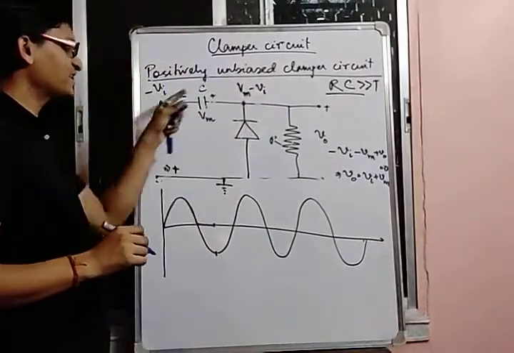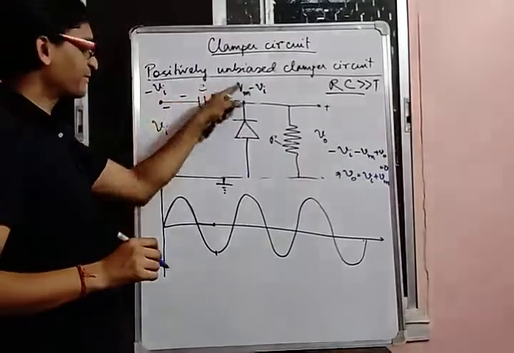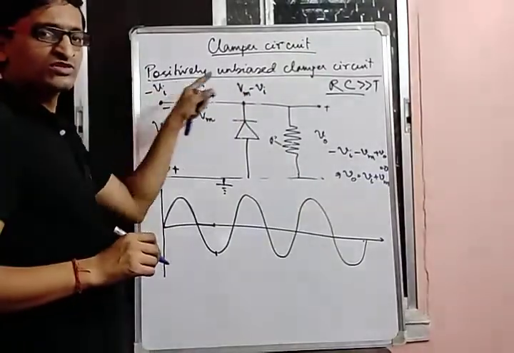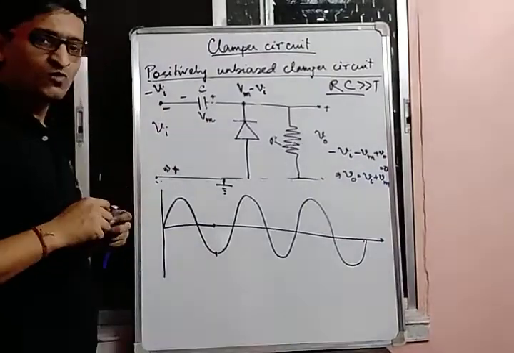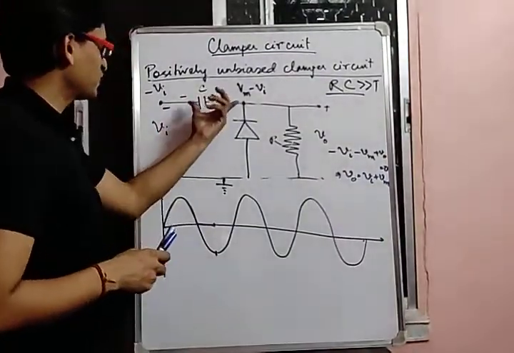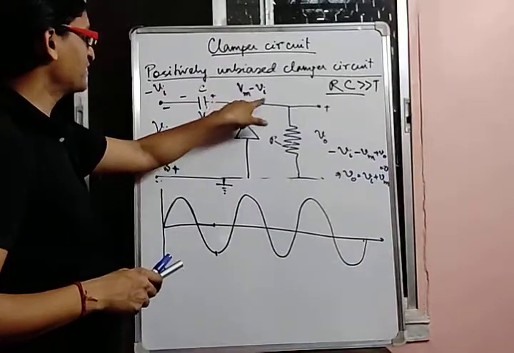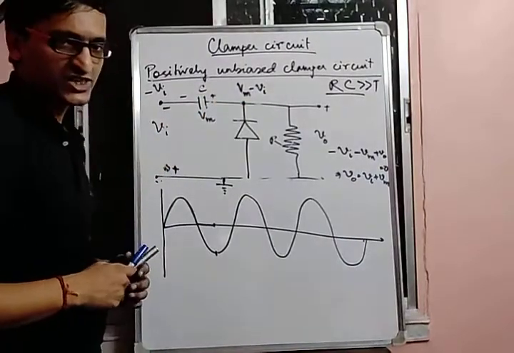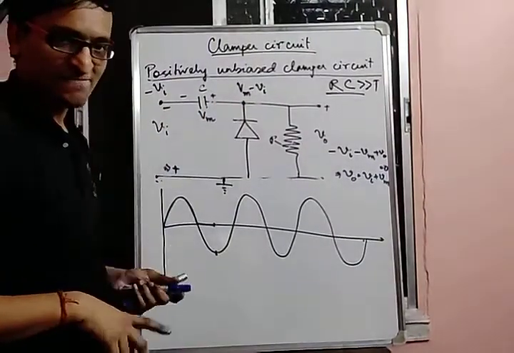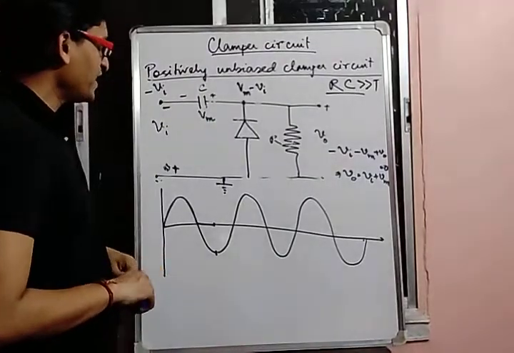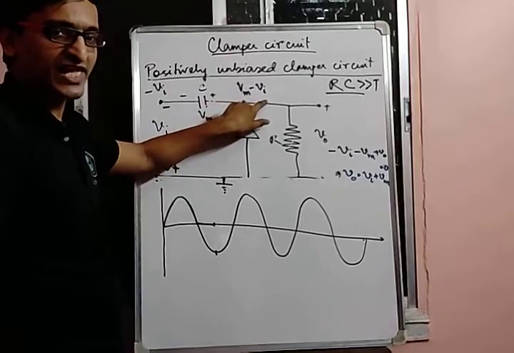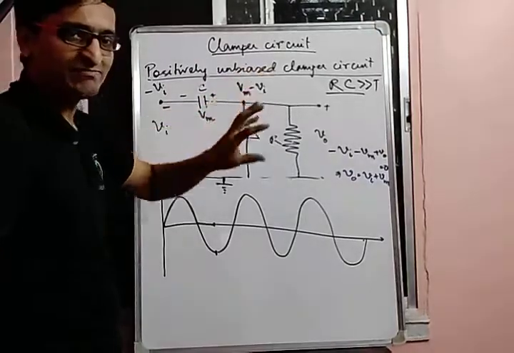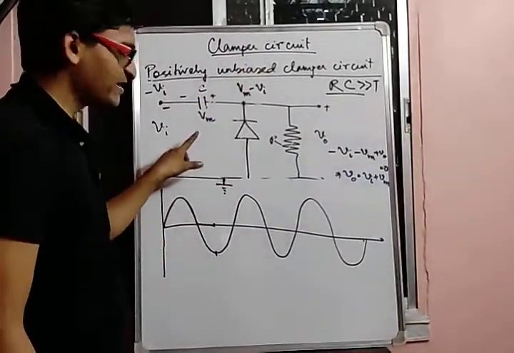If I subtract these two values, Vm minus Vi minus of minus Vi, I will simply get Vm. Now, this is Vm minus Vi, where Vi simply means the magnitude of the input voltage.